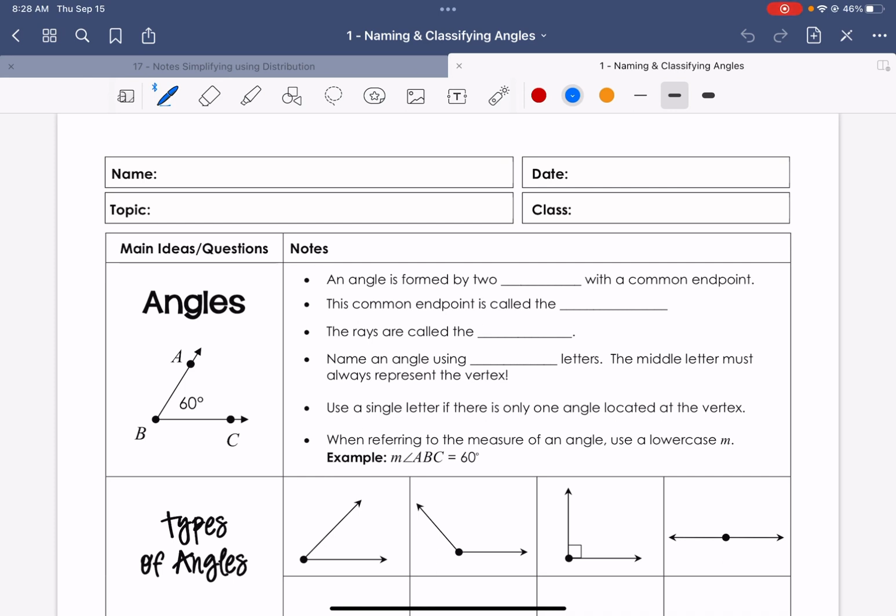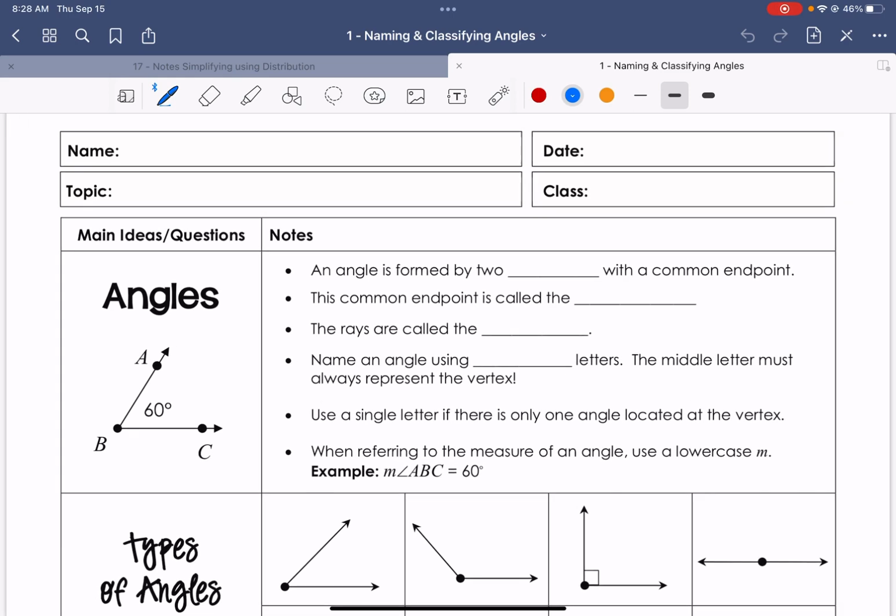The first thing is an angle is formed by two rays with a common endpoint. So from B to A, that is a ray because it has an endpoint and an arrow. And then from B to C is a ray because it has an endpoint and an arrow.